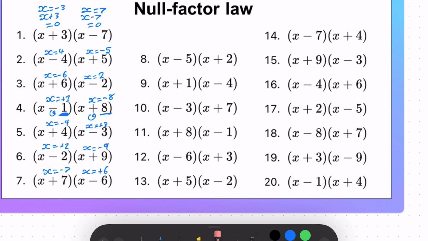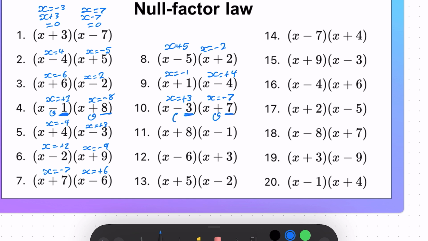Again, question 8, x equals positive 5, x equals negative 2, x equals negative 1, x equals positive 4, x equals positive 3, x equals negative 7. All I'm doing is taking this number here and flipping this sign.